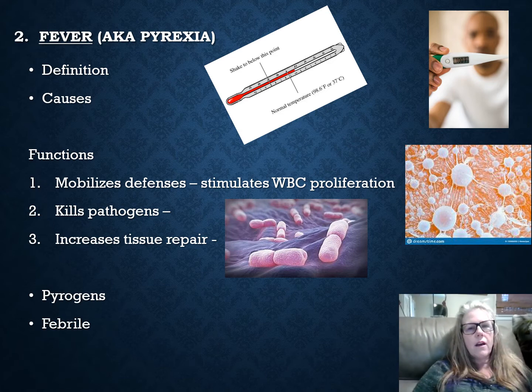Now, when thinking of fevers, we have some set numbers. So 104 degrees Fahrenheit is the point at which medical attention is suggested. At 106 degrees Fahrenheit for adults, what we tend to see is that it starts to become life-threatening.